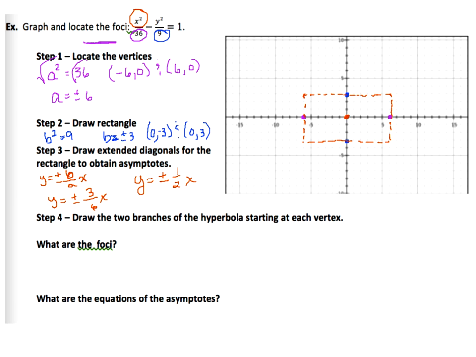So up 1, right 2. Up 1, right 2, put a point. Up 1, right 2. You can do that as many times as your little heart desires. And then I also have up 1, left 2, up 1, left 2. So I have this asymptote.